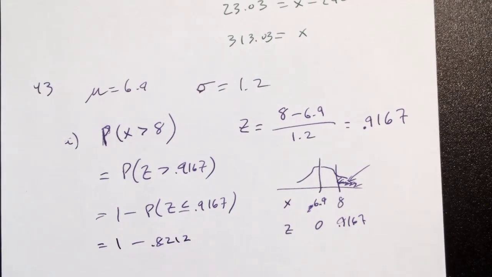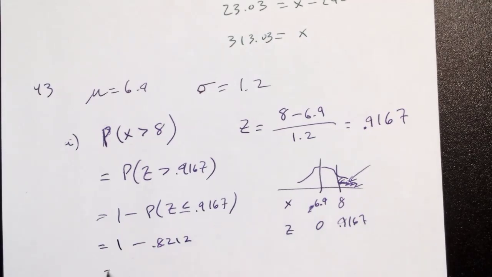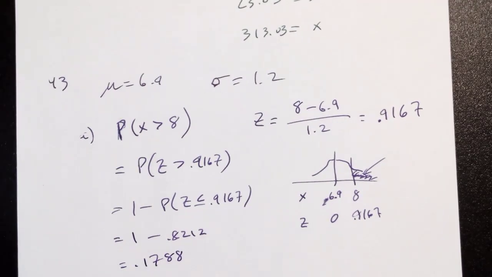Subtract that, 1 minus 0.8212, and you get 0.1788. So the chance of a child being born with a birth weight of larger than 8 pounds in this hospital is 17.9%. Not all that unusual.